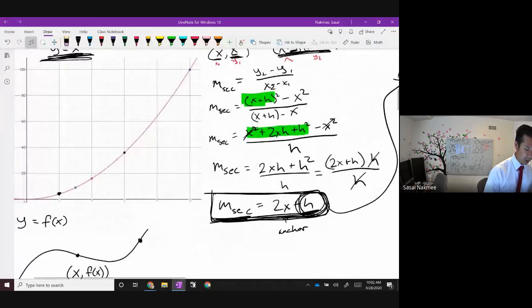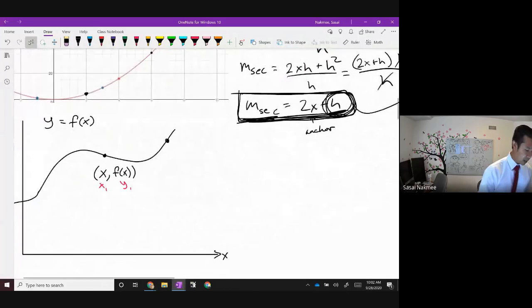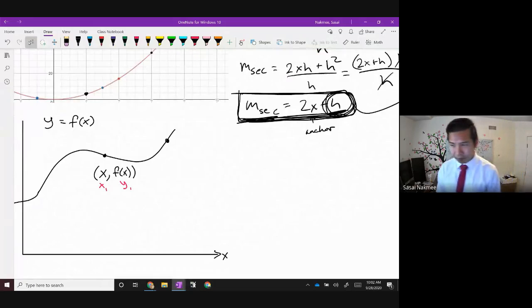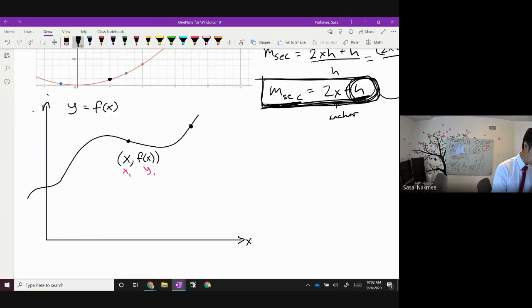Let me show you what I mean. You guys copy down this generic function. I'll give you guys a second. Here's my generic function, y is equal to f of x. It's some continuous function right here.